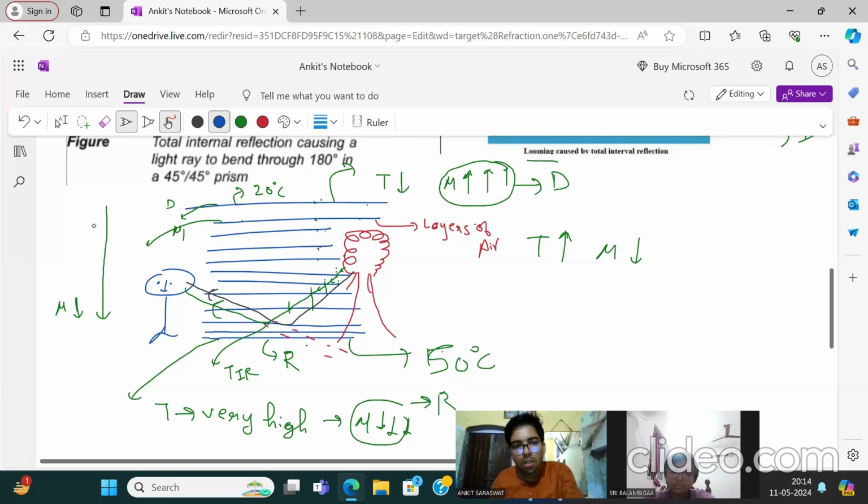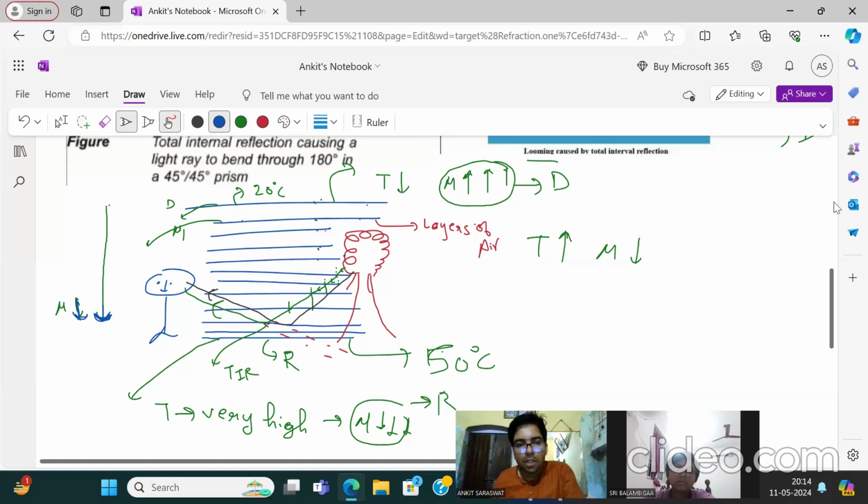This arrow sign is showing that mu is decreasing as you go down, in the desert area or at a place where the temperature is very high. Clear? Yes, sir, understood up to this point.